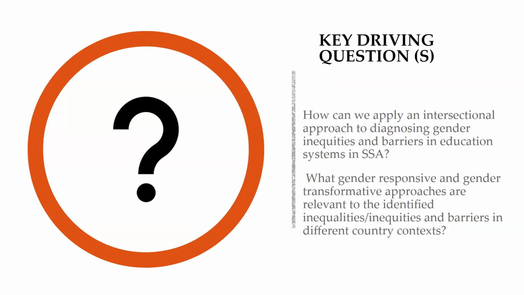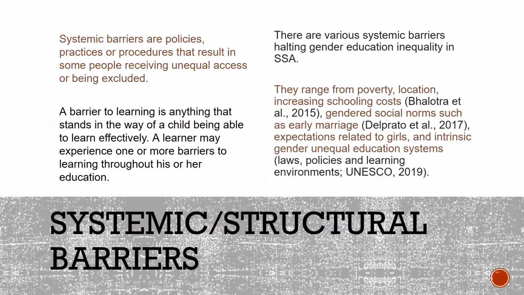The next driving question is what gender responsive and gender transformative approaches are relevant to the identified inequalities, inequities and barriers in different country contexts. These are the questions we are going to keep in mind as we do our main learning activity for today. Thank you. Next slide.